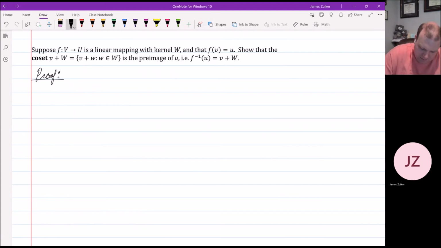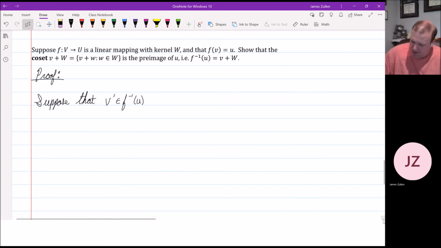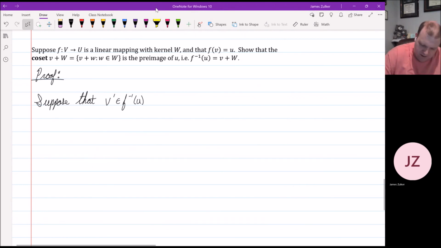So what we do, let's suppose that some element V prime is in F inverse of U. Then this means F of V prime is equal to U, right?